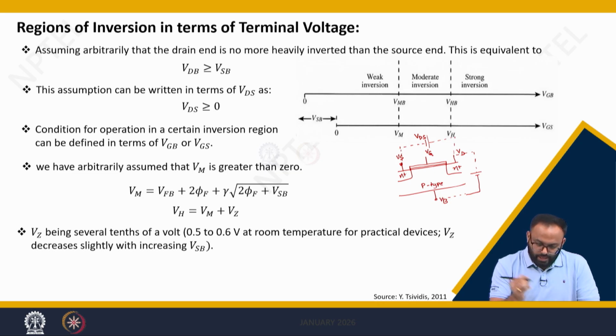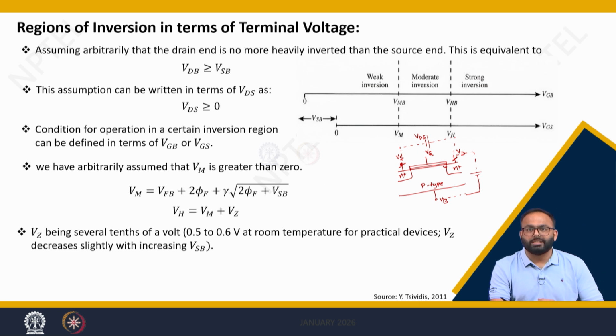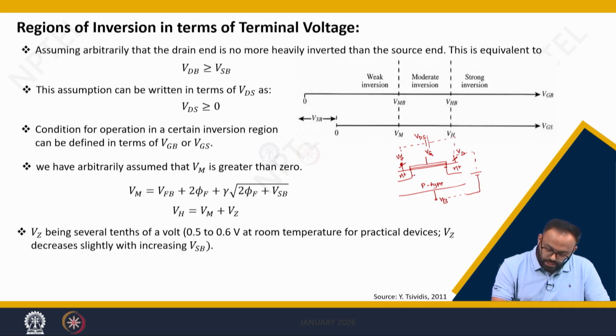Let's start our analysis by considering that the drain voltage is a bit higher than the source voltage. If you do so, the inversion charge near the drain will be lesser than the inversion charge near the source. I am representing the inversion charge with the dotted lines, which show a tapered channel.